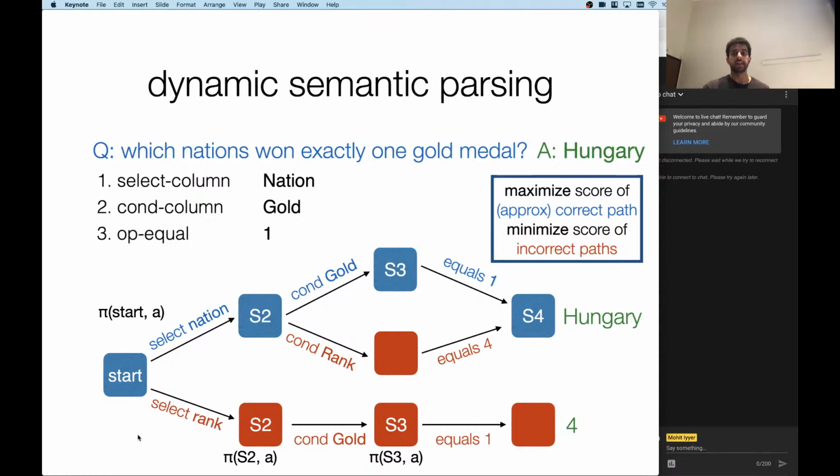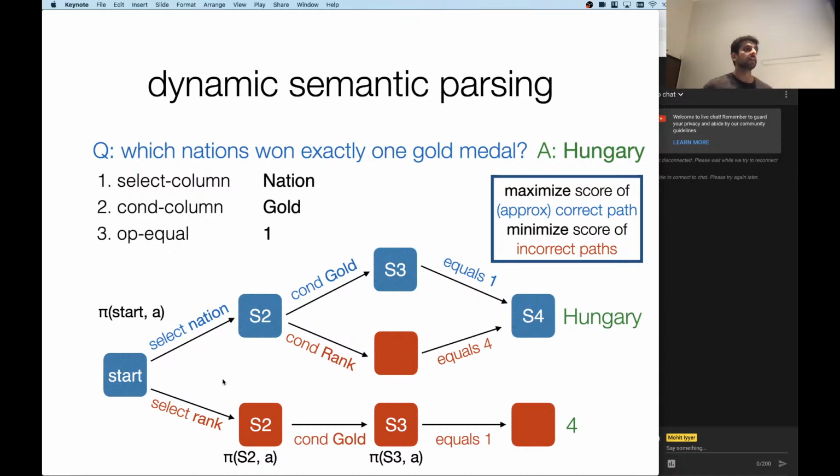So one interesting question is what you do if you run this search using your current pi function and you don't find any paths that evaluate to this answer at all. In this case, you don't have any way of minimizing this objective function. And this happens a lot early on during training, where these pi scores are kind of meaningless, so your search is likely to fail. In these kinds of settings, you can develop approximate rewards.